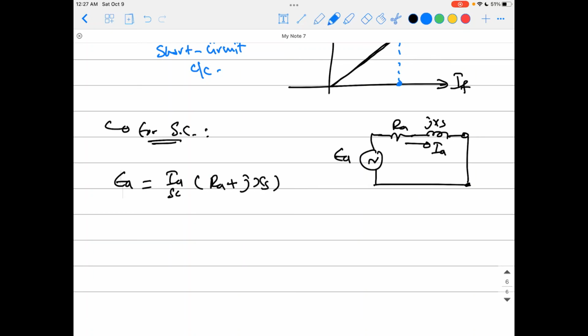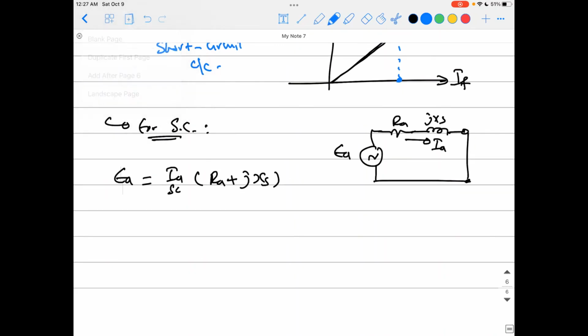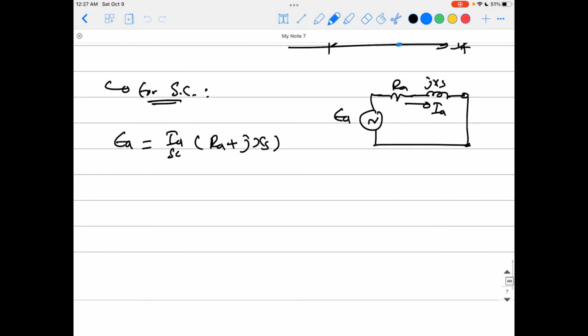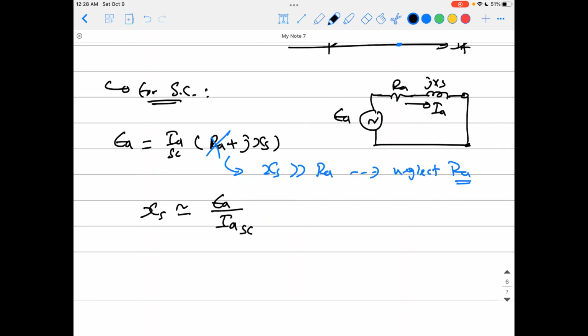For a typical synchronous machine, XS is so much higher than RA that you can sometimes neglect RA without a big impact on the results. If you remove RA from this calculation, XS will be almost equal to EA divided by IA short circuit. So that's how we can find XS.